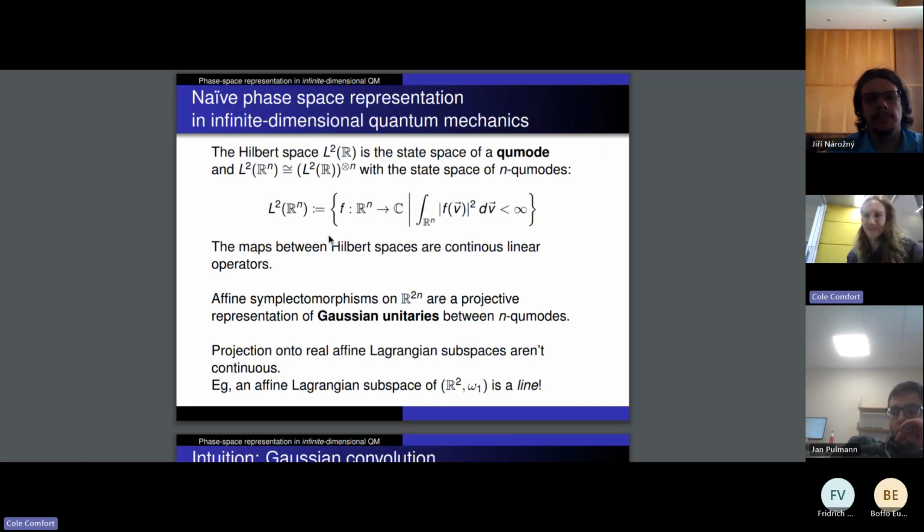So the idea is, instead of the Hilbert space being the span of finitely many basis vectors, I'm saying the Hilbert space is a space of functions, such that if you take the Lebesgue integral over Rn of the absolute value squared of the function, this is finite, and this forms a Hilbert space.